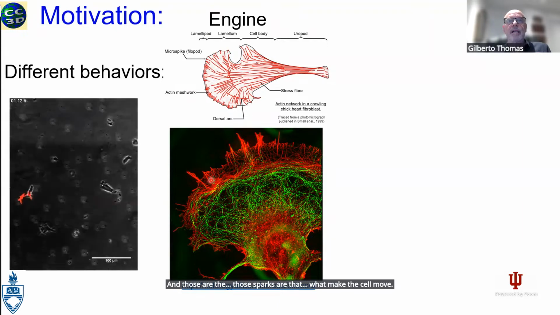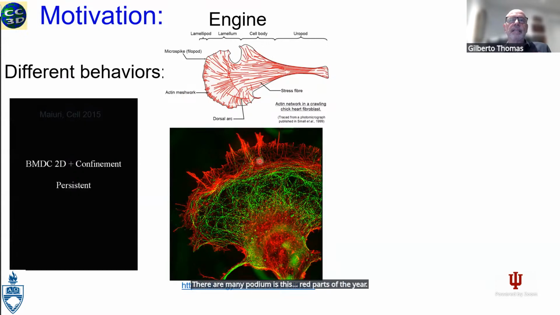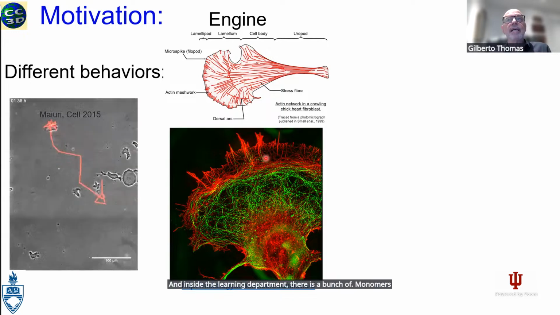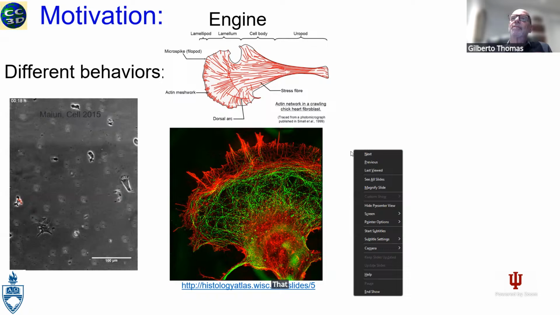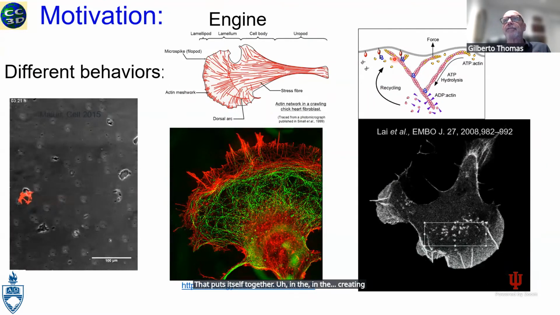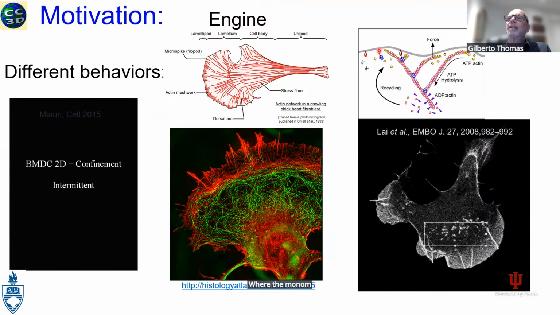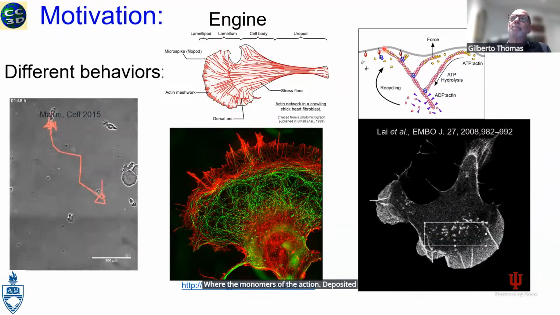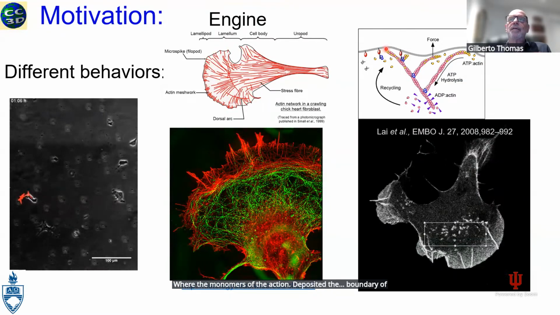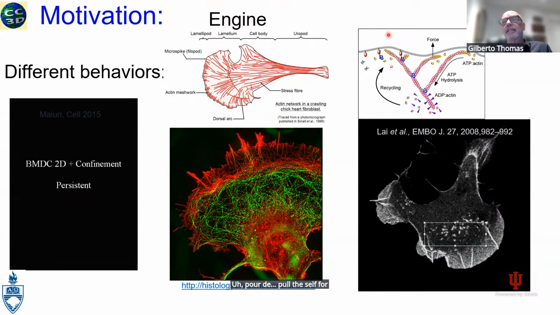The lamellipodium is this red part over here, and inside the lamellipodium there is a bunch of monomers of actin that put themselves together, creating such a structure here, where the monomers of actin deposited at the boundary of the cell pull the cell forward in the up direction here.